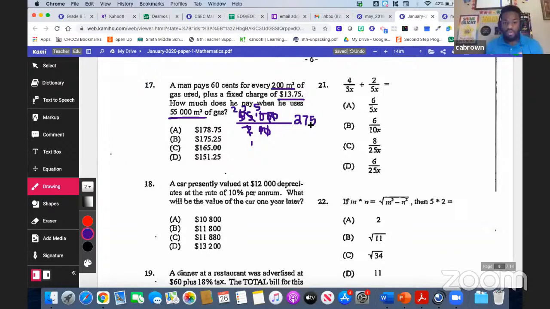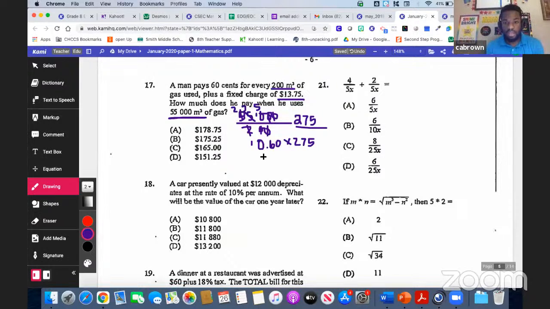All right, we're not done. That's just the first part. We have just found how many 200s we can get out of the 55,000. Now, it says that the man pays 60 cents for every 200 cubic meters that he uses, and we just found out that he used 275 of them. So what we need to find is 60 cents of this value. 60 cents can be written as 0.60 times 275.